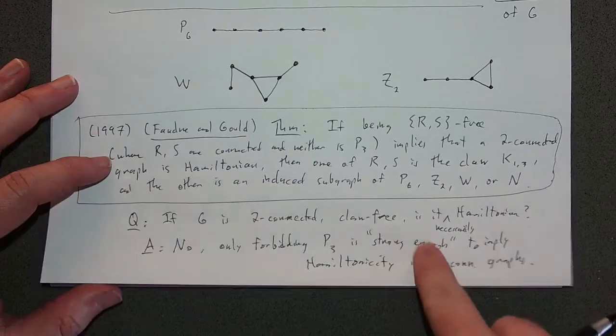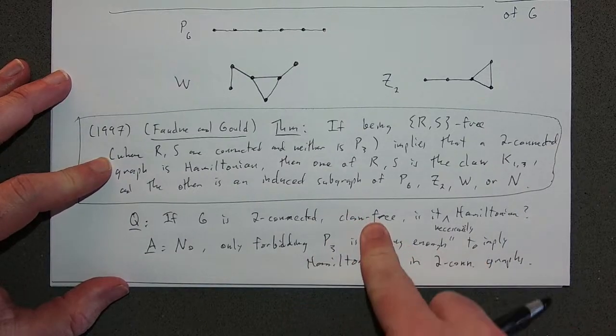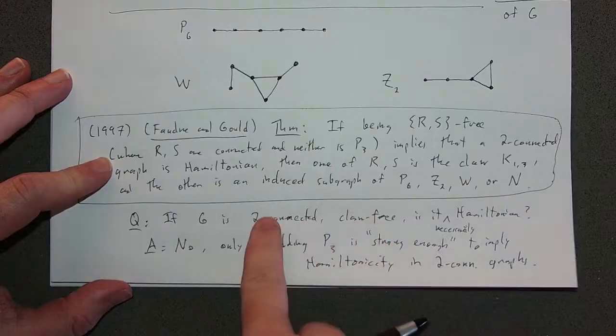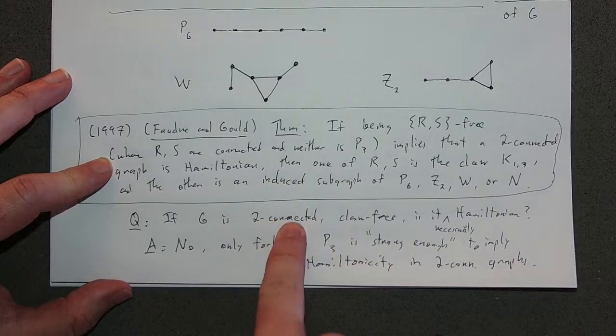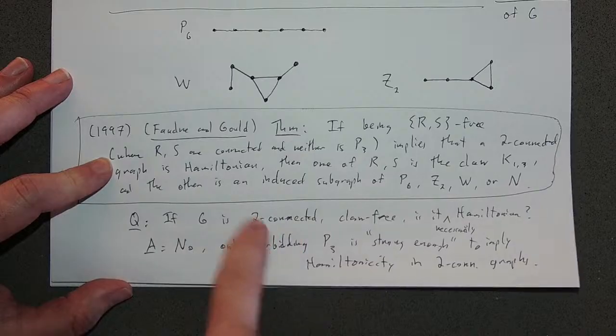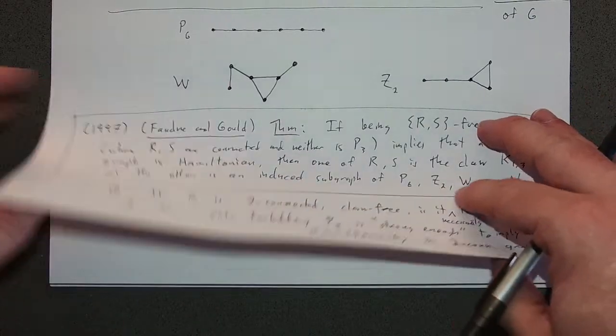But what about, so just forbidding the claw is not enough, but what if we forbid the claw but up the connectivity? So instead of being 2-connected, it's like 3-connected, or 4-connected, or just some higher amount of connected. So that leads to the following natural evolution of this question.